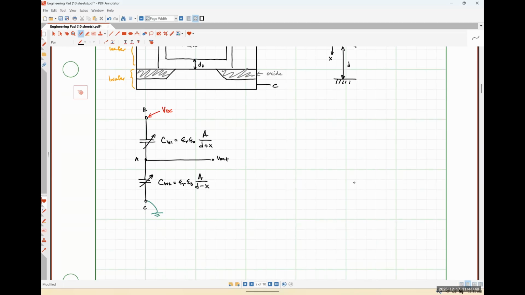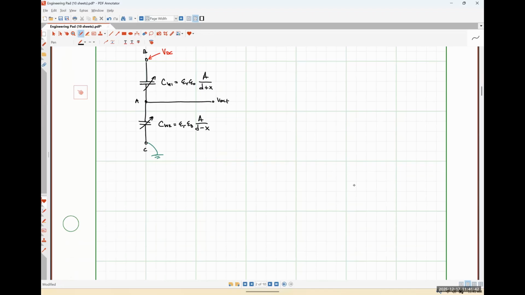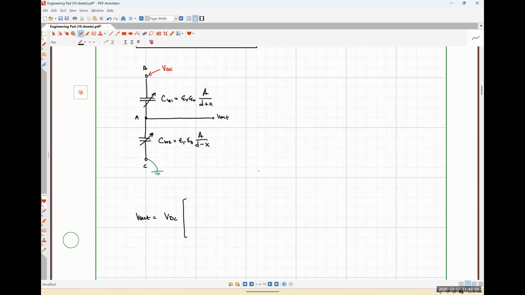So if I want to find the output voltage of this guy, we're going to start with the DC voltage that I've applied on top times the capacitance CW1.